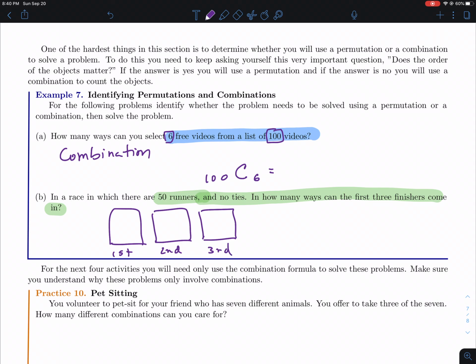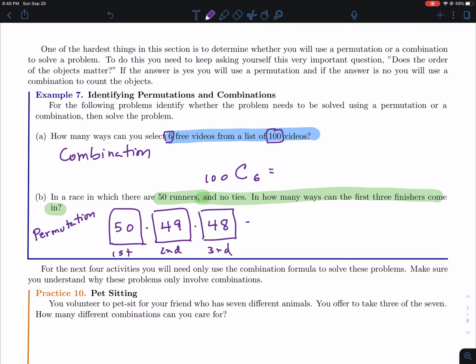So in this case, order matters. So this is going to be a permutation. Since there are 50 runners, there were 50 possible people that could have come in first, 49 who could have come in second, and then 48 who could have come in third.